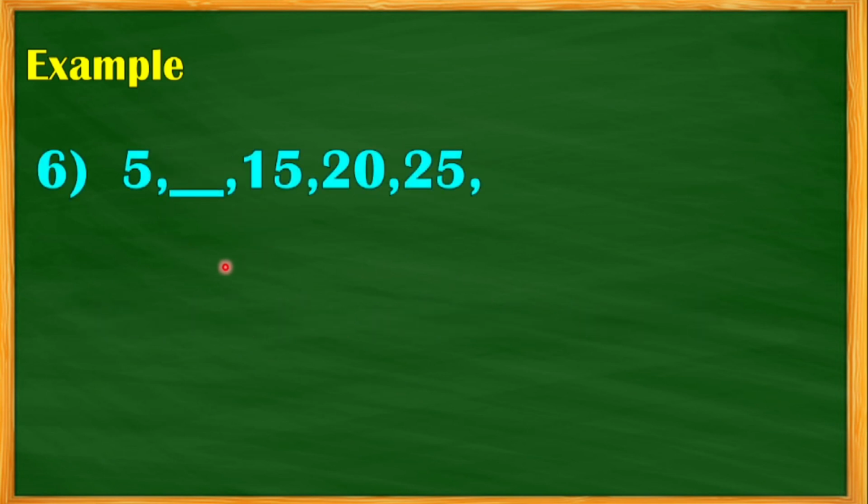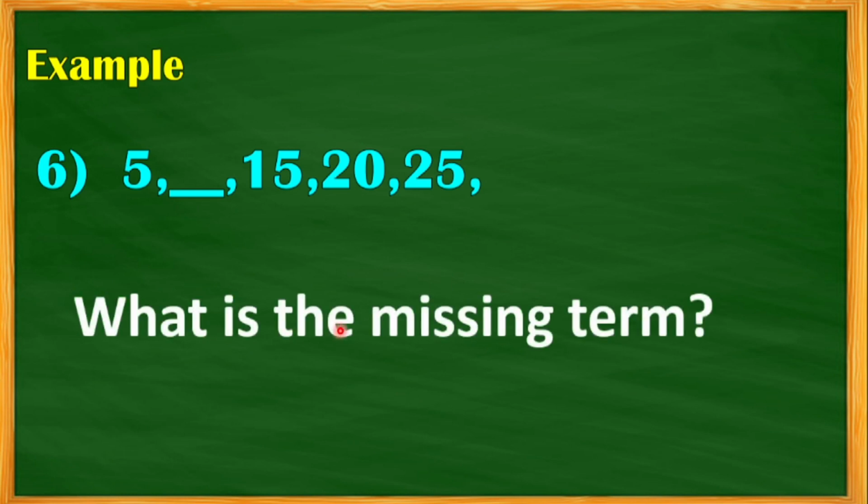Next, this one, the blank is in the second term. So what is the missing term? So the sequence is 5, blank, 15, 20, 25. So let's check the preceding sequence to know the pattern. So 15 becomes 20 and 25.